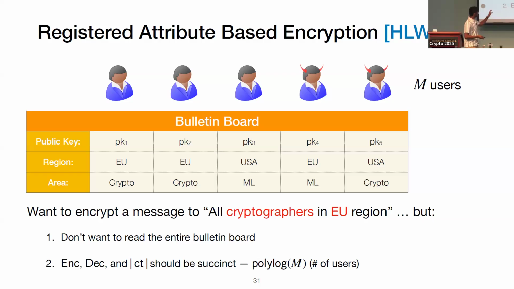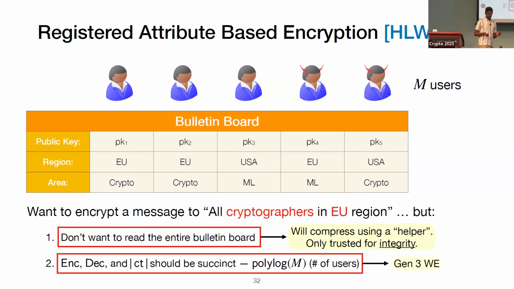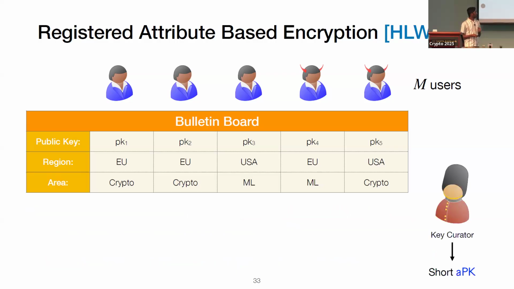So the way I'm going to fix issue number 1 is by having a helper party who's only trusted for integrity. They don't have any secrets. What they're going to do is help me compress the bulletin board down to a succinct key. And for the second issue, I'm just going to use a 3rd generation witness encryption scheme that I'll tell you about.